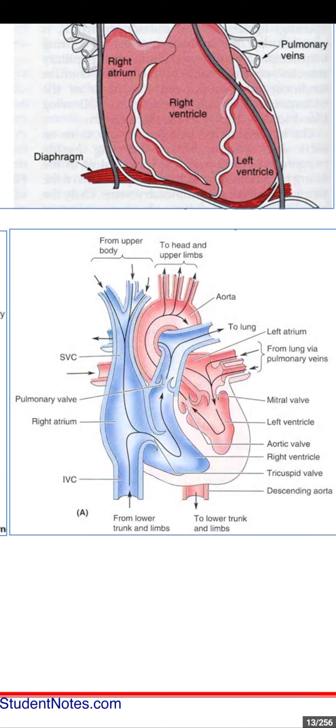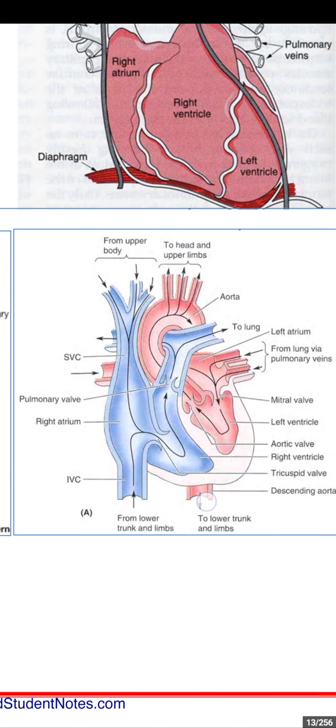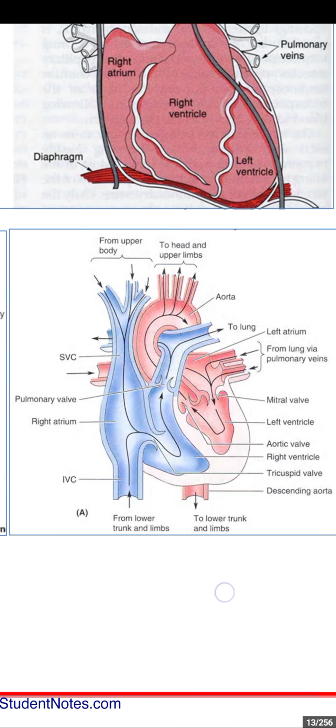Next the arch of aorta is also seen. So the descending aorta, you can see this point. The descending aorta blood flows to the trunk and limbs.